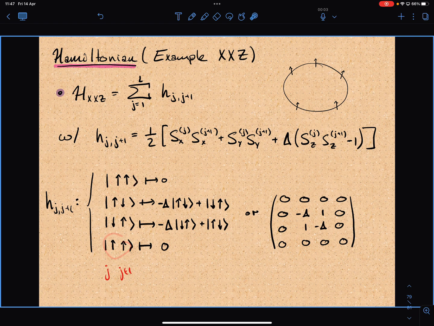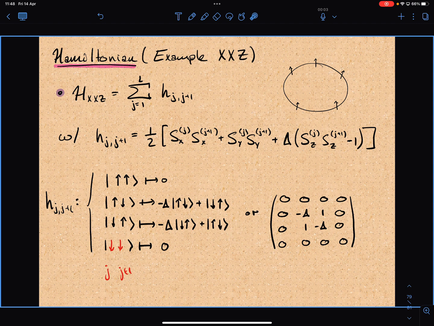If they're both spin down, nothing is going to happen again. And if they're opposite spins, they're going to try to flip, and they're going to have an interaction. And this is for the local interactions for two adjacent spin particles. And then you go through all the adjacent spin particles and try to run this dynamics.